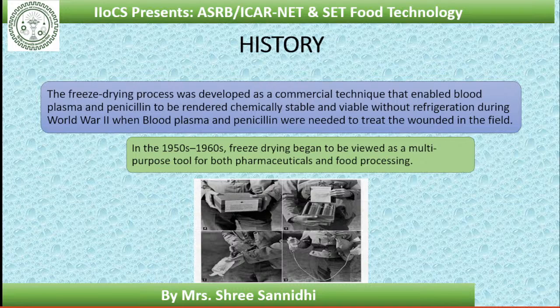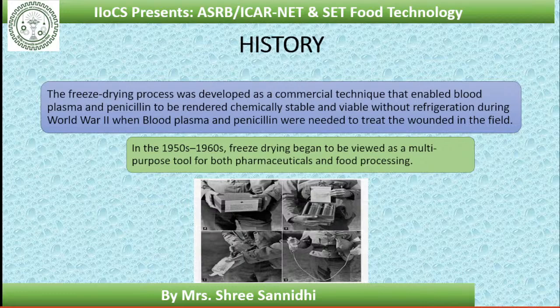So during World War II, in order to supply enough blood plasma and penicillin without any refrigeration, there was no cold chain transportation at that time, right? That's why, in order to provide blood plasma and penicillin to the wounded ones, freeze drying was first found.